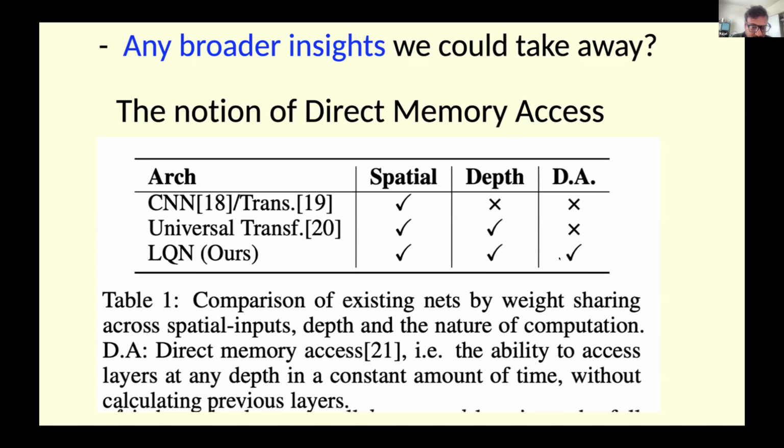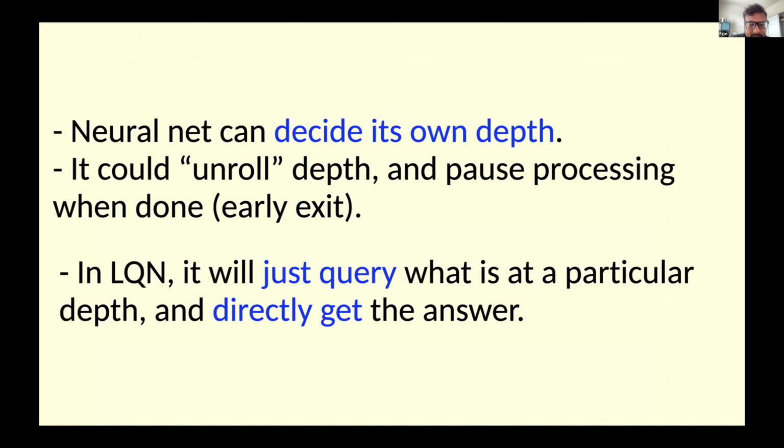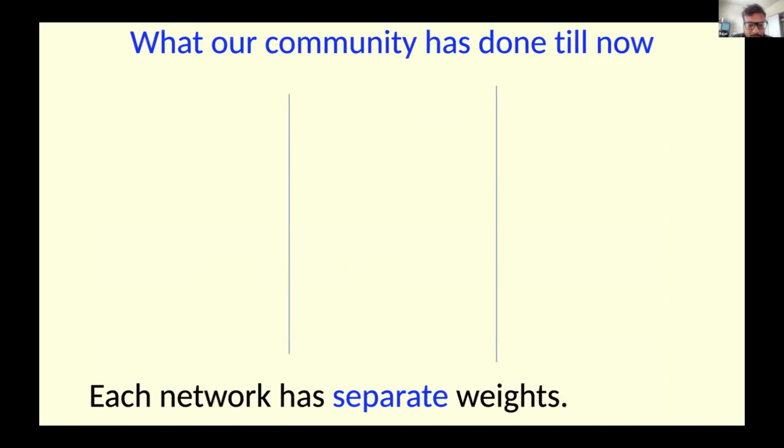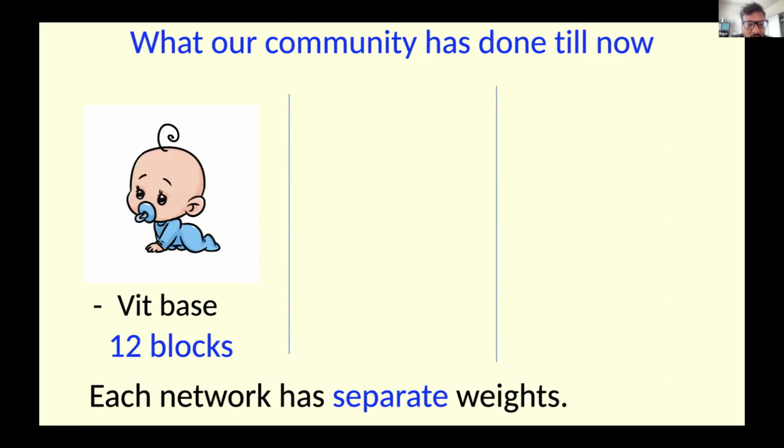Now you might ask why this sort of property is required in a neural architecture, and I will talk about it next. Right now our community has operated on transformers, and they train their networks in a rigid way.